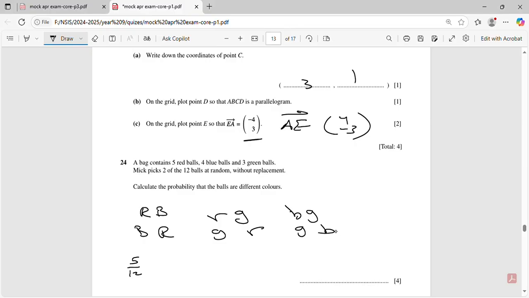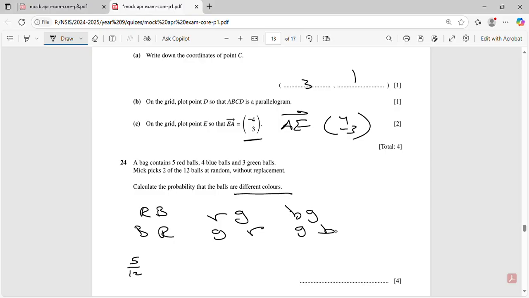He said that he picks two balls together, and they have to be different colors. So in case he takes red and blue together, if the first pick is red, its probability will be 5 out of 12. But what about blue?